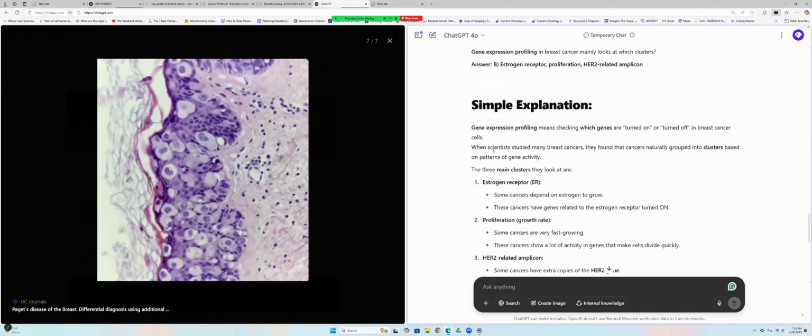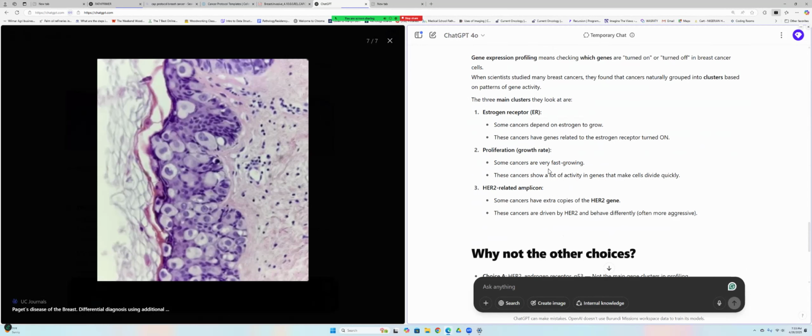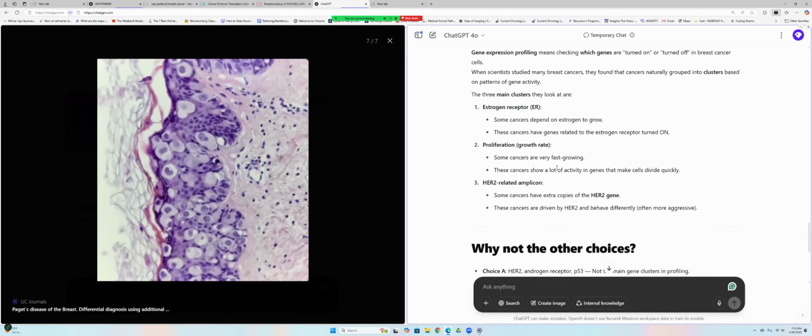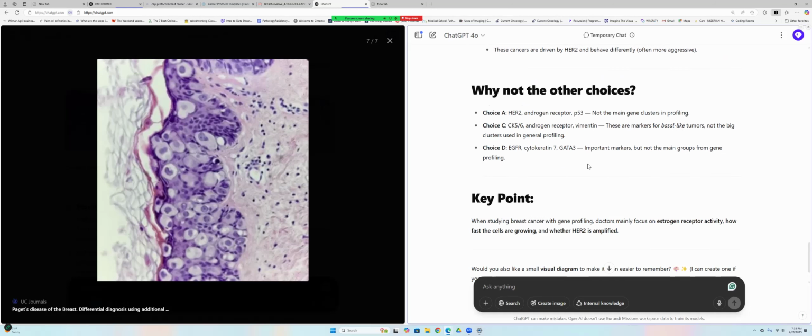When scientists studied many breast cancers, they found that cancers naturally grouped into clusters based on the patterns of gene activity. The three main clusters they look for are estrogen receptor, proliferation grade 3, which is Ki67, and HER2 related amplification, the HER2 amplicon.